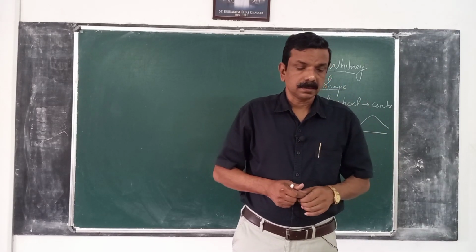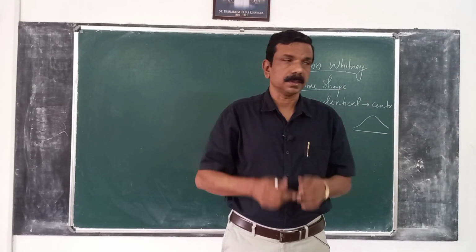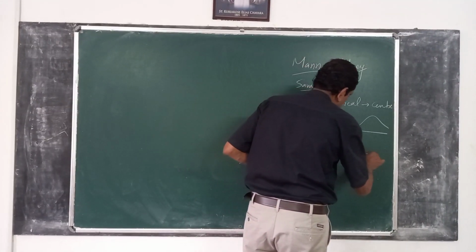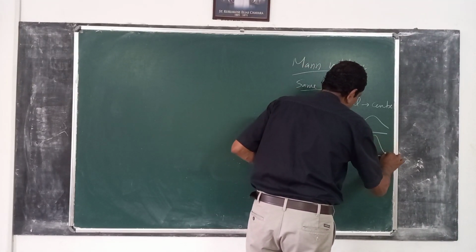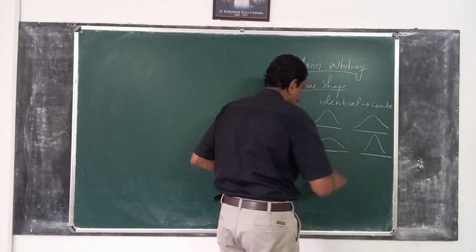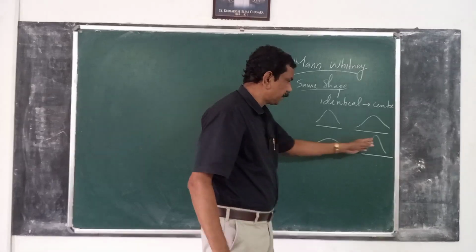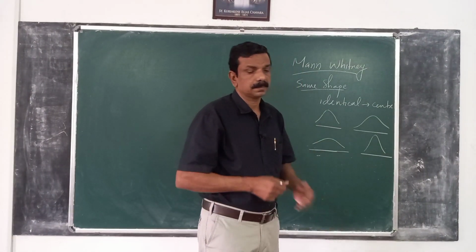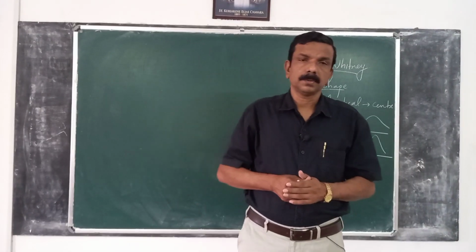For the non-pooled t-test, the two distributions are normal but need not be the same shape. This is a normal distribution, this is also a normal distribution. Shapes are different, but we can apply the non-pooled t-test.